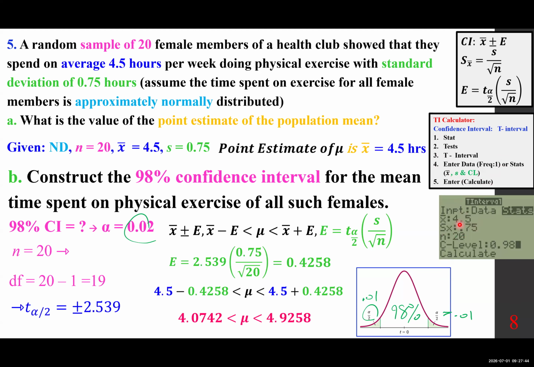So we're going to put X bar is 4.5, S is 0.75, N is 20. They want you to put the value of N in this case. A confidence level is 0.98. Now calculate, gives you the answer.